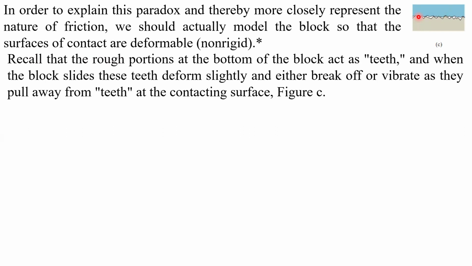So when you slide them over each other, if you have a table and you put a book on it, and there's no roughness, like these teeth we are talking about, the book should just slide by itself, because it becomes frictionless.